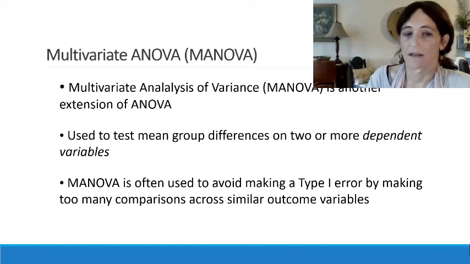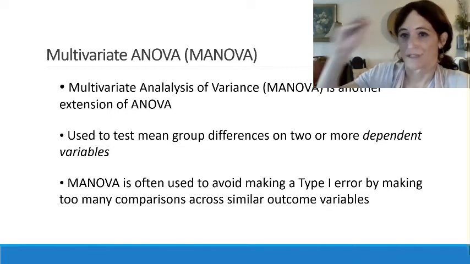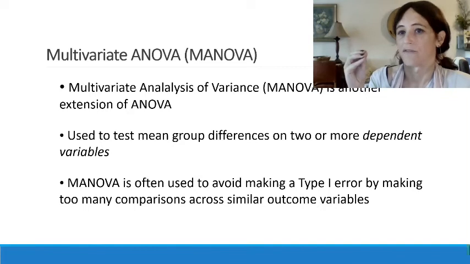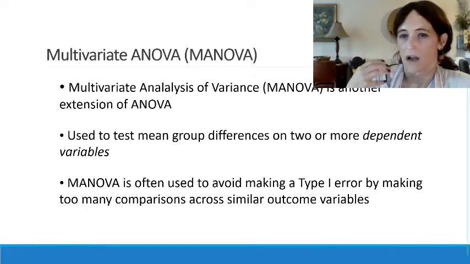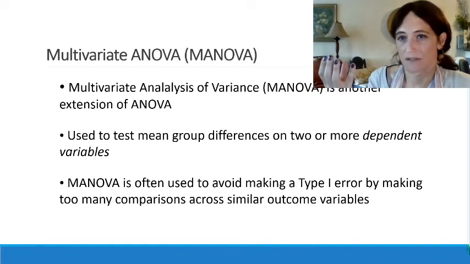So briefly, in discussing multivariate ANOVA, multivariate analysis of variance actually has multiple dependent variables. So let's say that we have 3 or 4 scales of depression, and we're interested to see if our factor predicts any of those depression scales, okay?